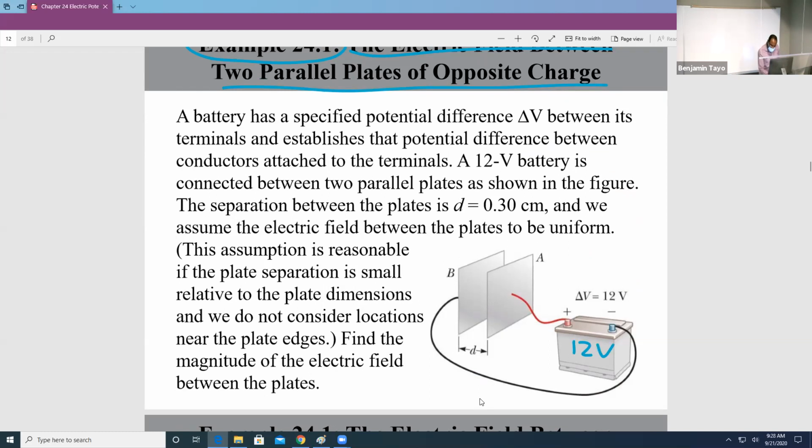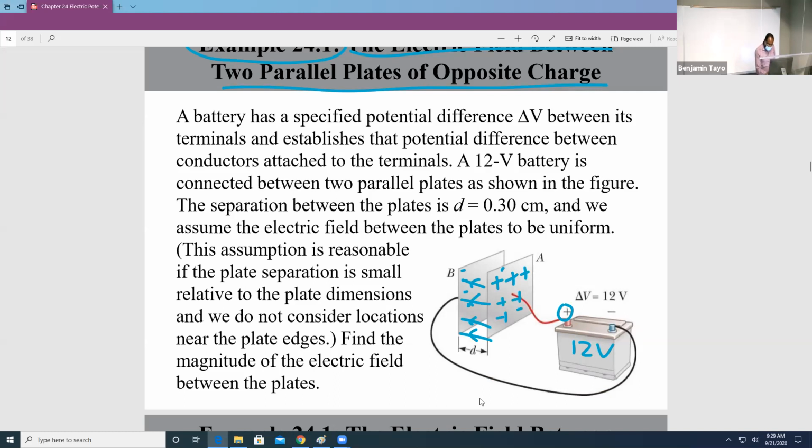I'm going to take the positive and connect it to one plate and the negative to the other. So I make this plate positive and that one negative. And then there's going to be an electric field line that goes from the positive to the negative like that.